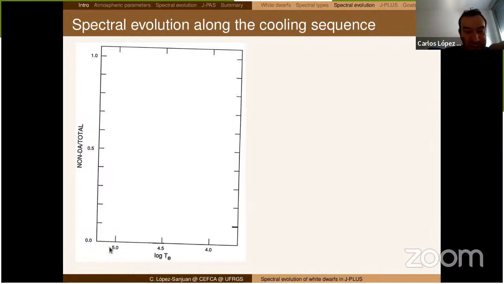This is why we have lower temperatures on the right. That means older systems. This is why in all the plots that you are going to see, temperature decreases to the right. That means that the cooling time of the white dwarf is increasing to the right.